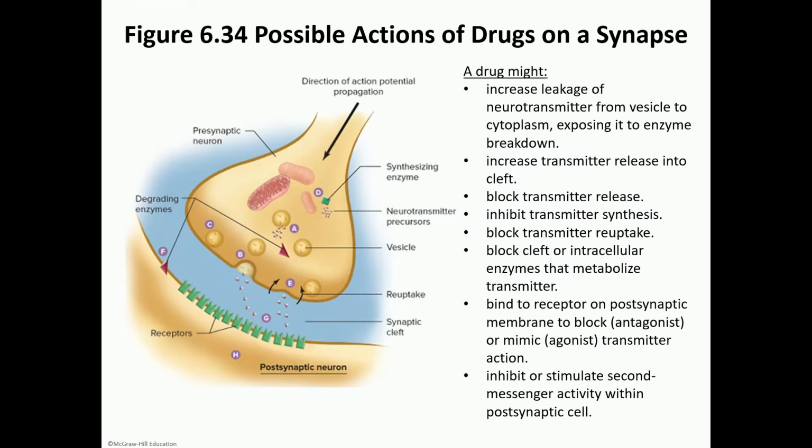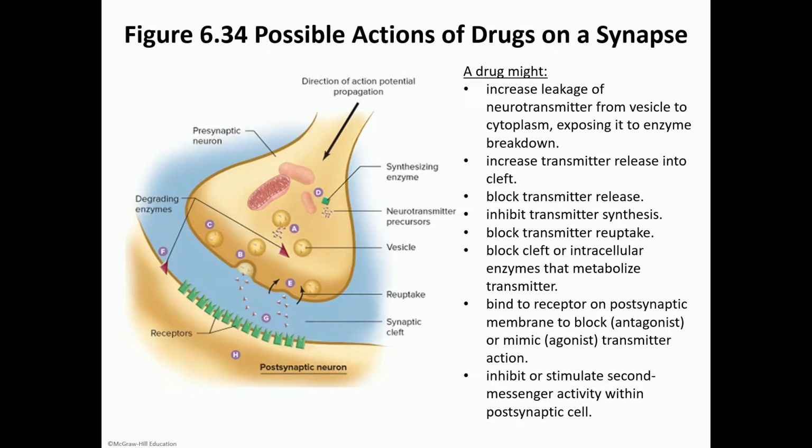So here, before we talk about the different kinds of neurotransmitters, we want to learn how a drug can affect a synapse. Because there's so much going on in a synapse, there are different mechanisms that drugs can use to lead to an effect.